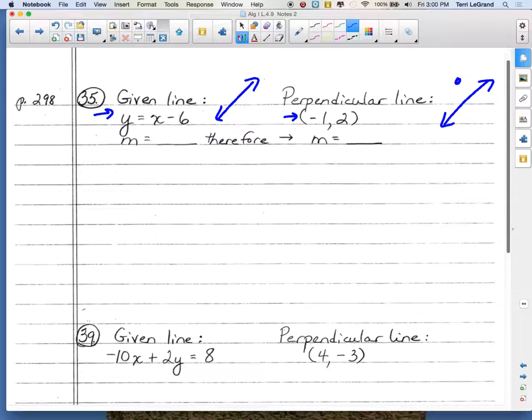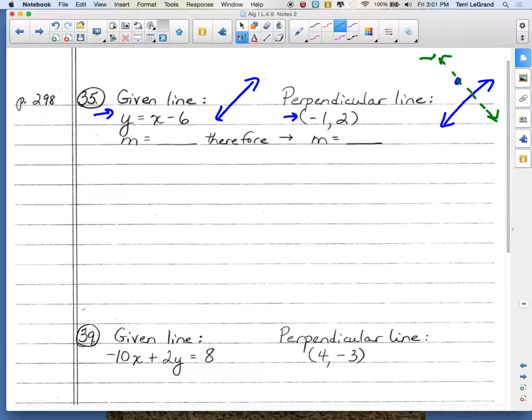So what we're really looking for is not the line that's parallel going through that point, but instead the one that is going to go through that point and form perpendicular lines. So we are looking for the equation of this line.